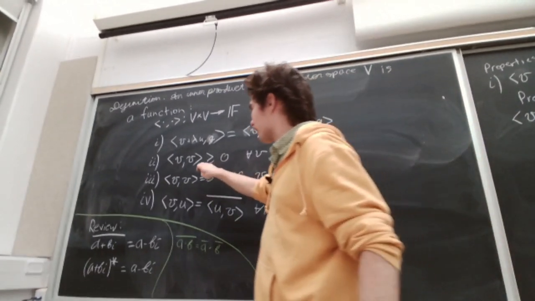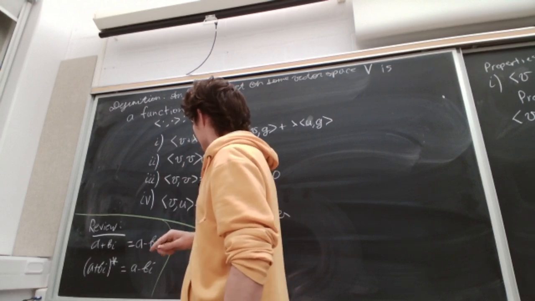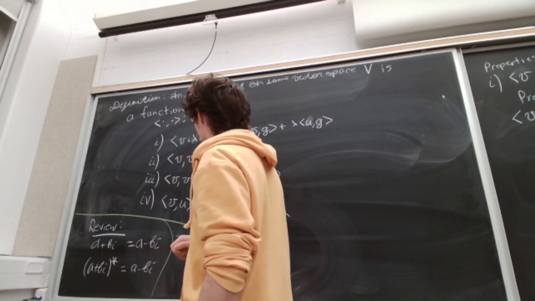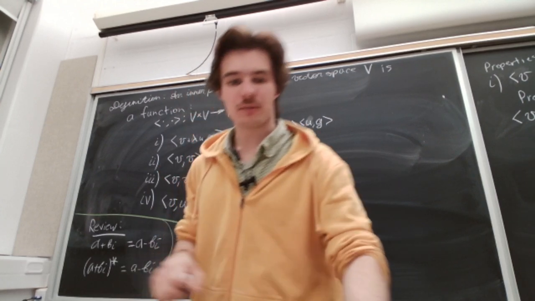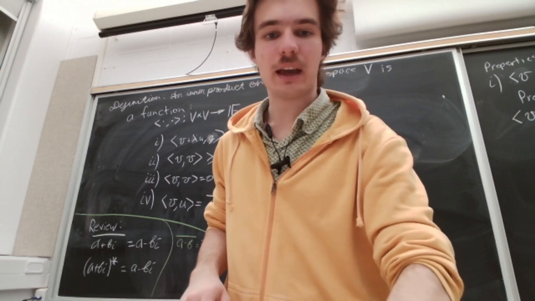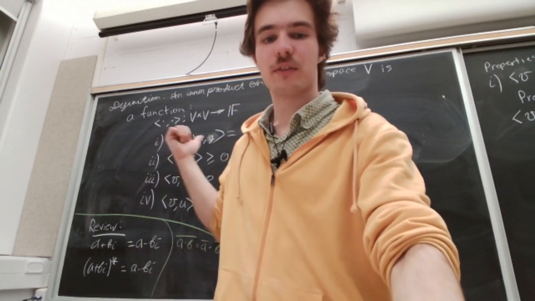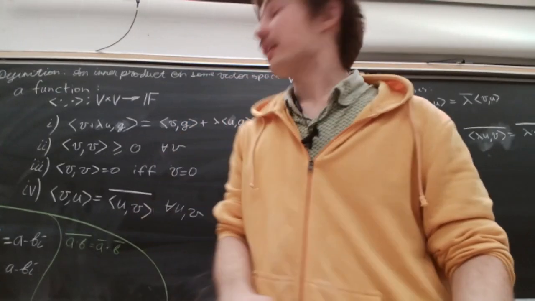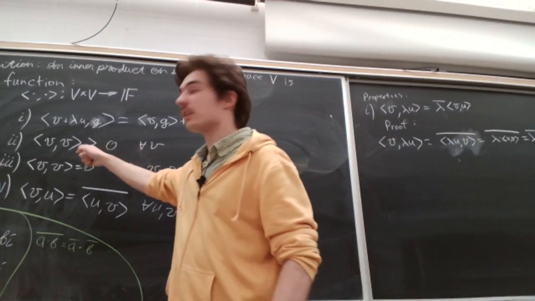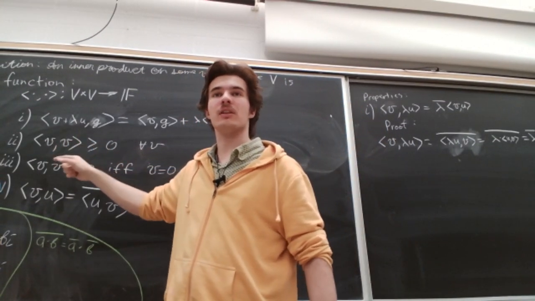In this case, you have that v comma v always has to be real. You get it from the fourth property. Why?